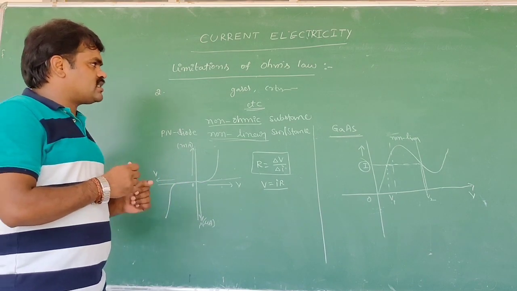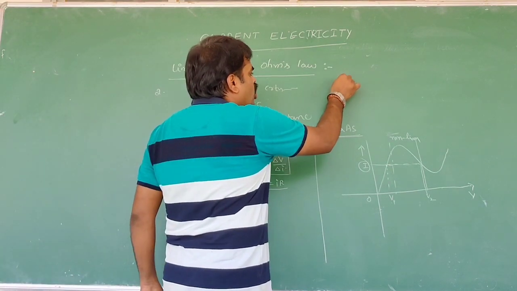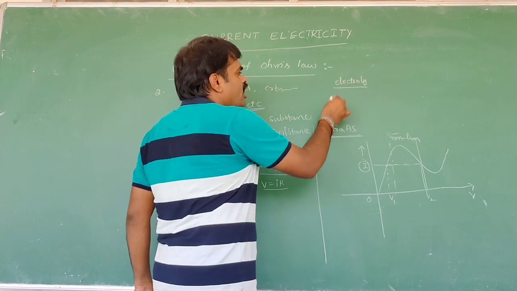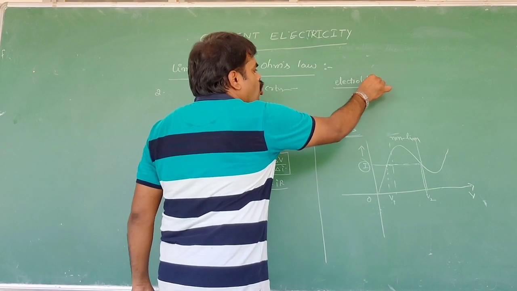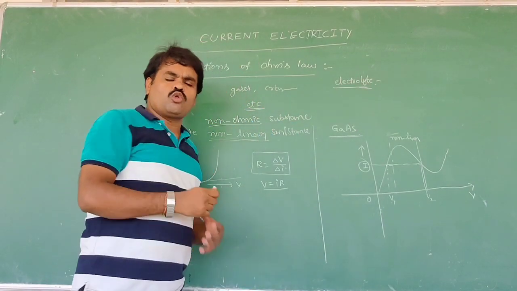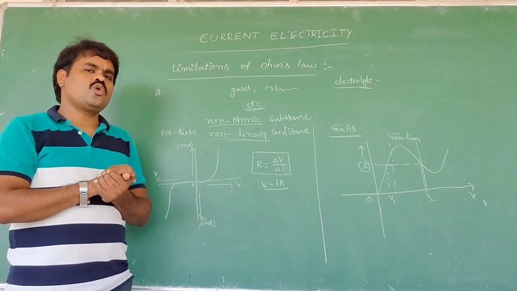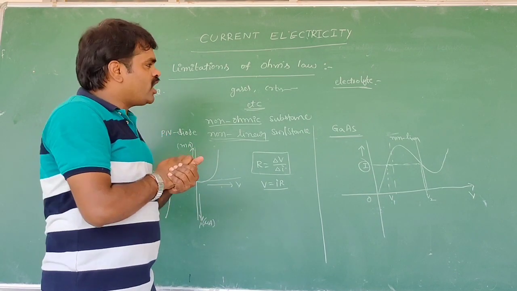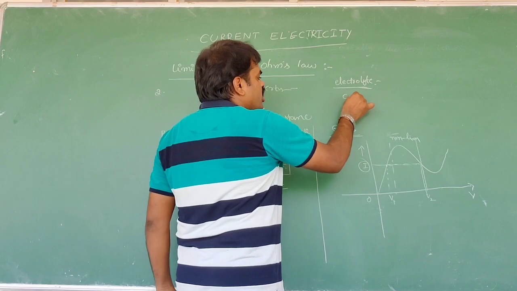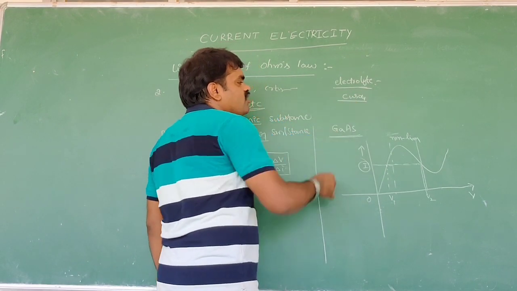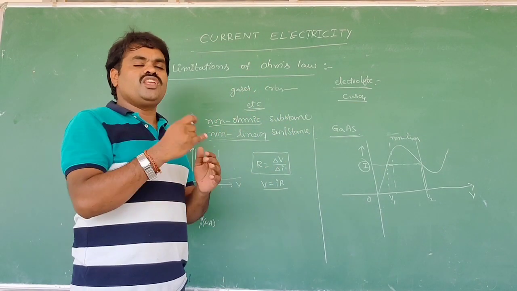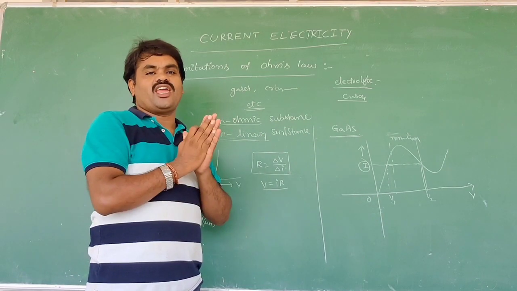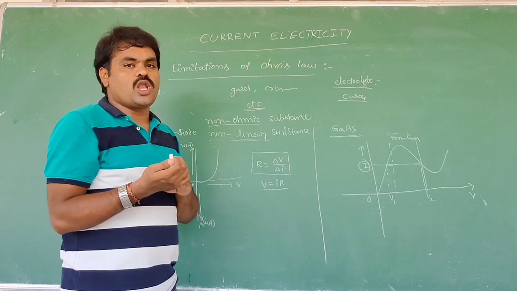Electrolytes also do not obey Ohm's law. Electrolytes are also non-linear conductors. But copper sulfate solution with copper electrodes obeys Ohm's law.